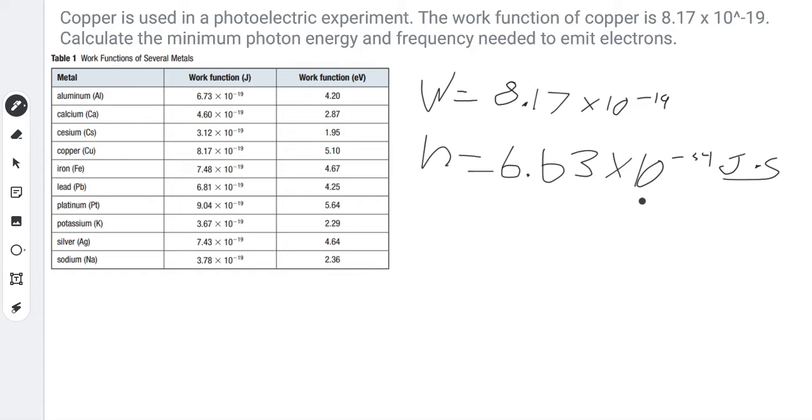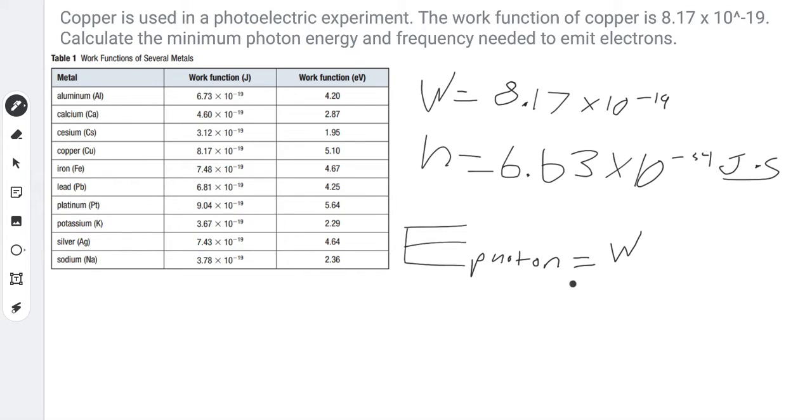And we need to find the lowest energy, denoted by E photon, that photons must have to cause the emission of electrons of frequency f. The lowest photon energy must satisfy the equation E photon equals W, where the work function corresponds to the frequency. And we solve from there.